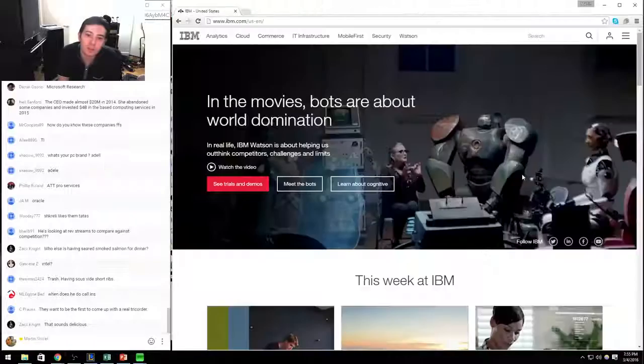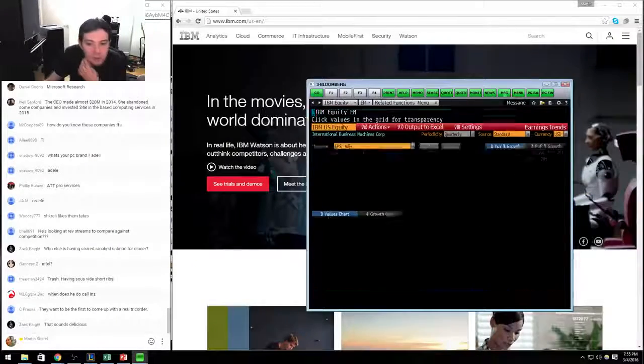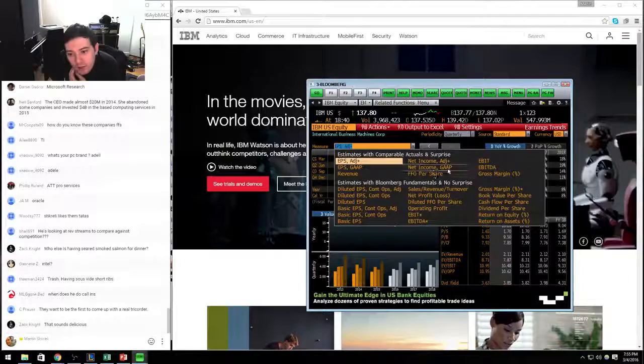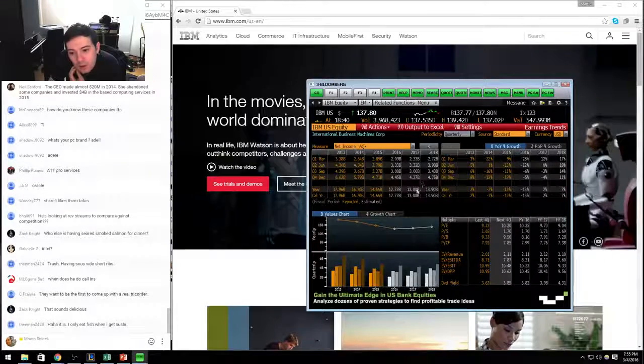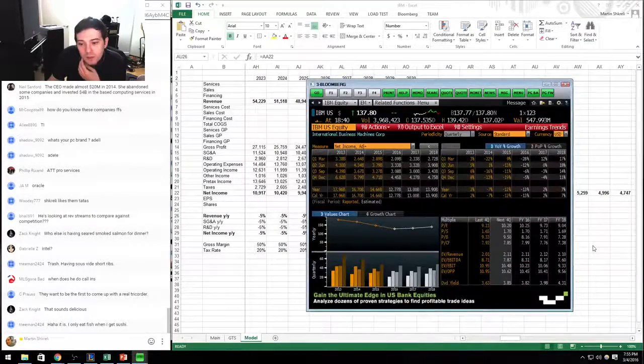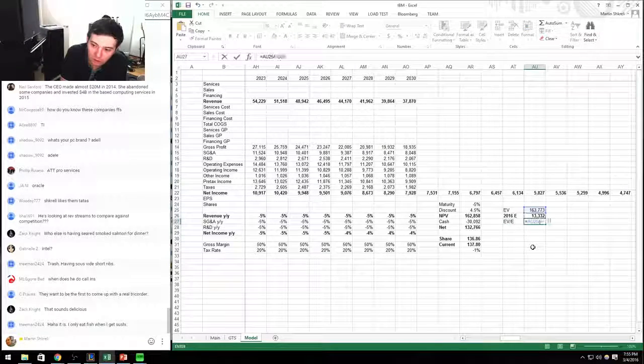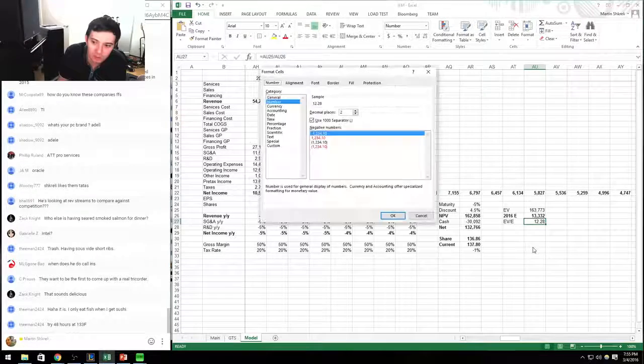Let's see what Wall Street thinks. Let's go to Bloomberg and see. I know that Yahoo Finance has this information as well. So Wall Street thinks it'll be 12.7, which is pretty close to 13.3. So the enterprise value to earnings ratio is about 12.2 times. What does that mean?